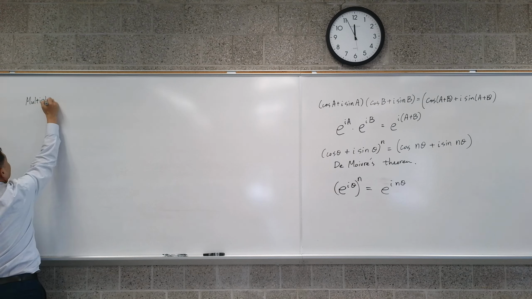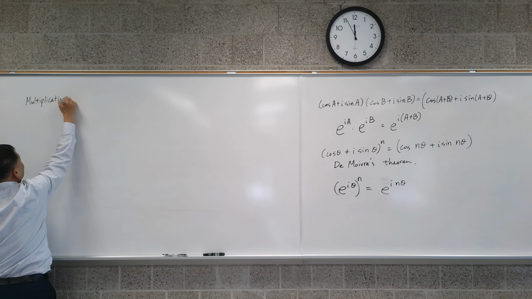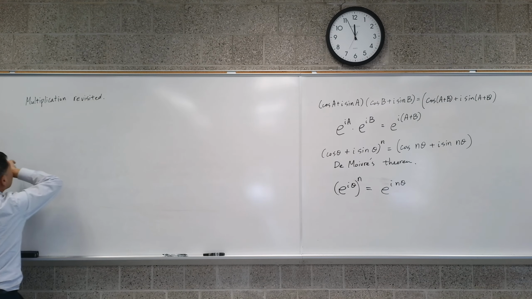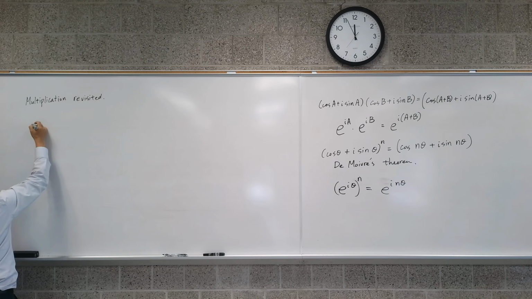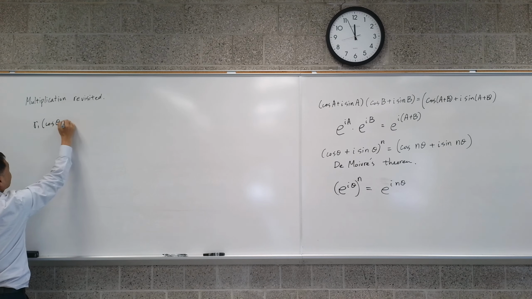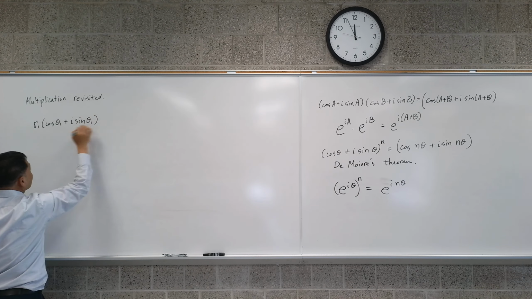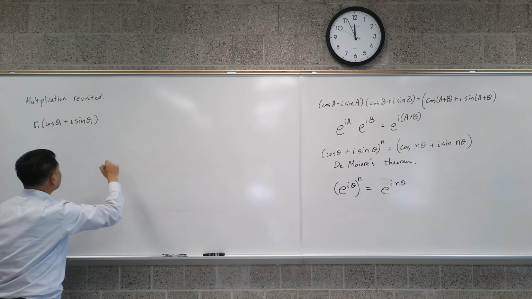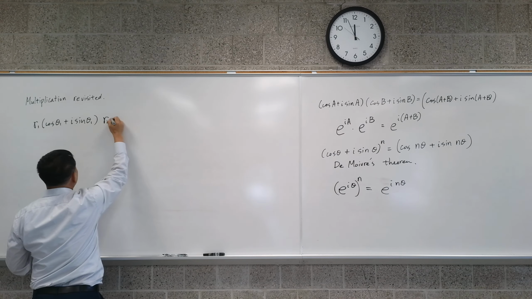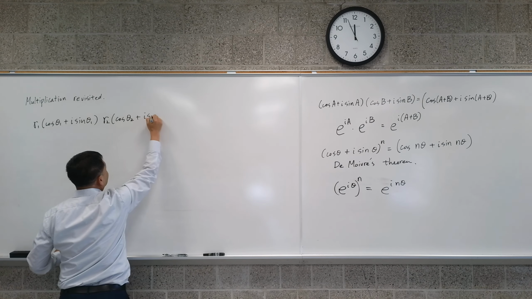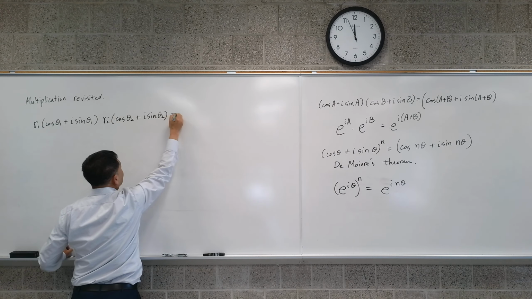Multiplication revisited. In polar form, you have r1 (cos θ1 + i sin θ1). Let's say you have one number like this and another number r2 (cos θ2 + i sin θ2).